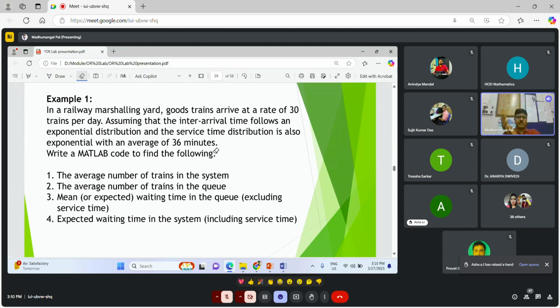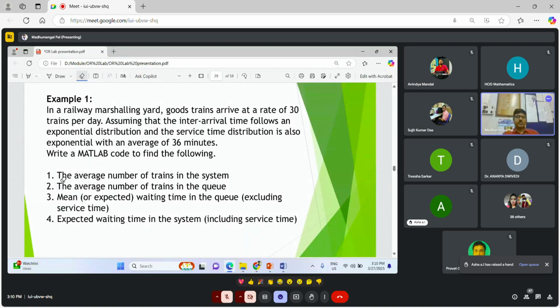This is the average time to download the goods from the train to another place or another truck. So this is the downloading time from a train to another system. Okay, so the average time to clear is 36 minutes, and 30 trains come per day.